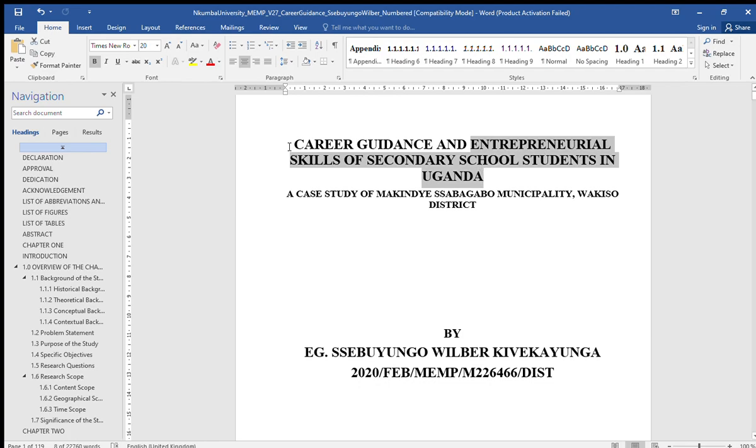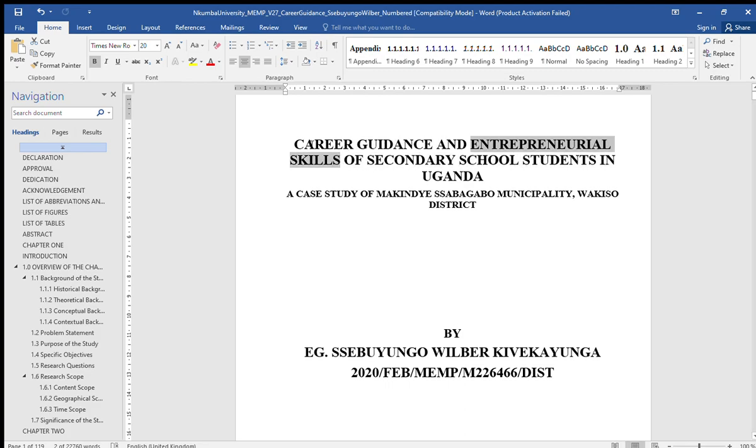So in the first place in your topic, you present your independent variable. For this case it is career guidance, and the dependent variable, we call it dependent because it is depending on career guidance.